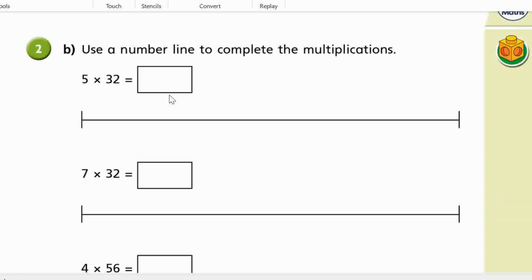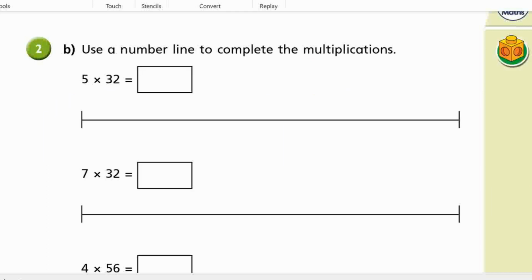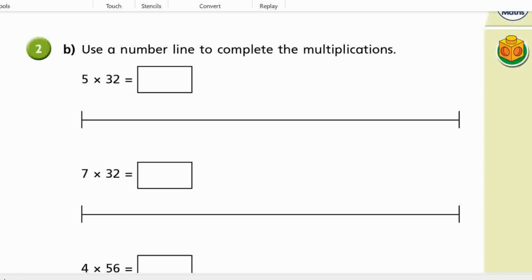So 5 times 32. Now, if you remember here, 10 times 6, and we did it 3 times because it was 30. This time we do it 3 times, and we do 5 times 10. So 1 jump, 5 times 10. What does that give us here? 50.